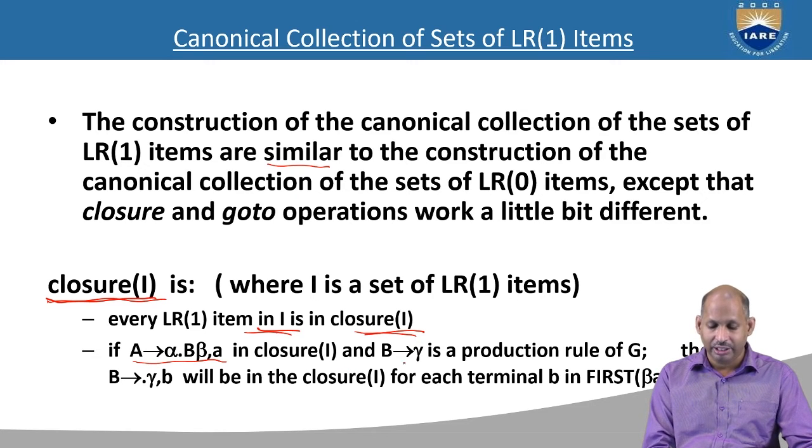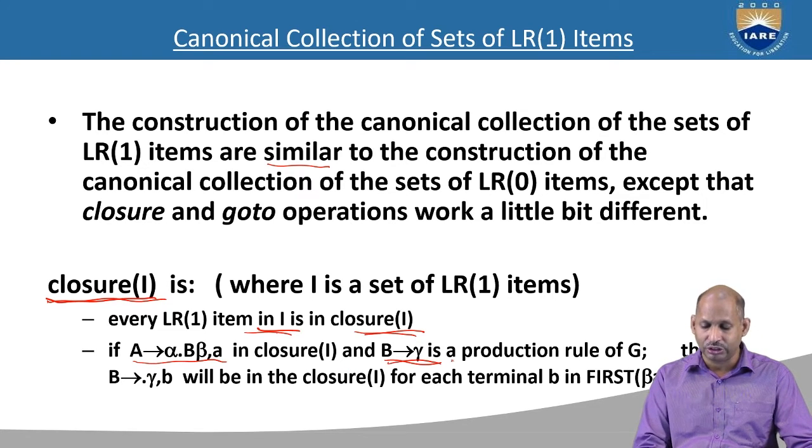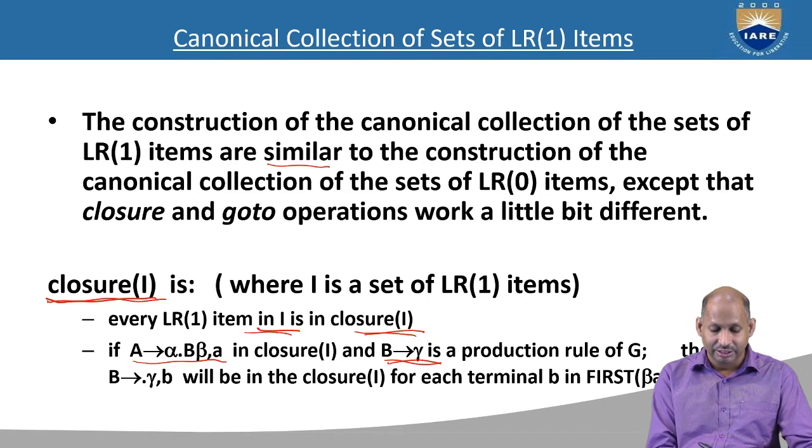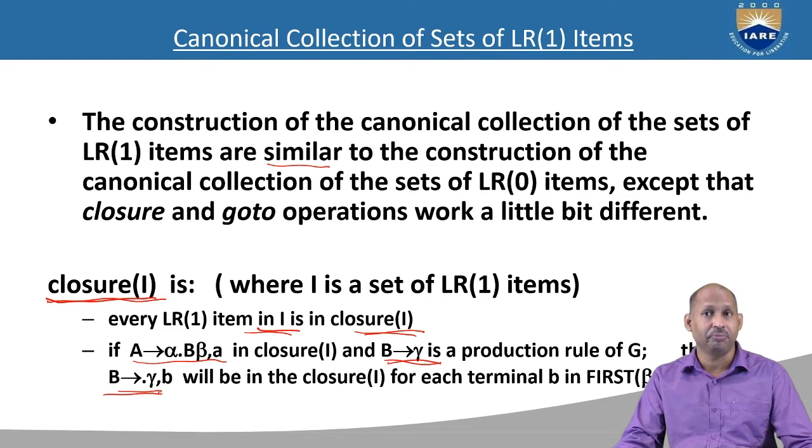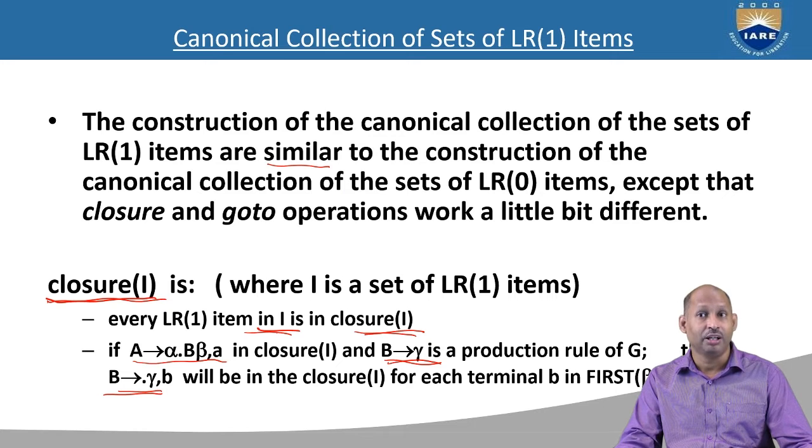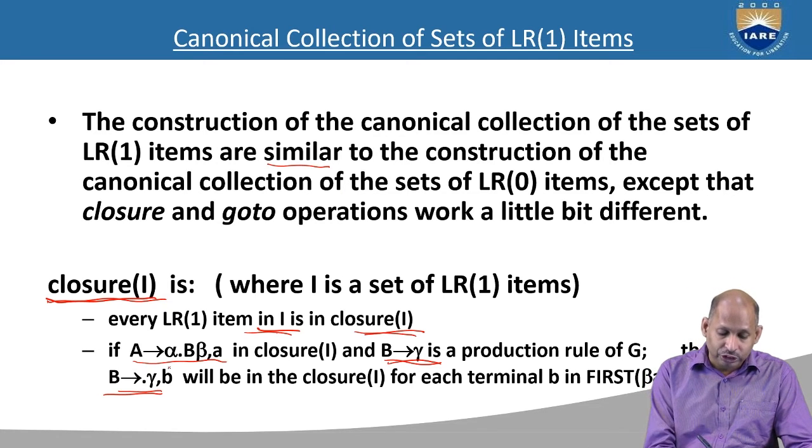If B gives gamma is a production rule of G, and A gives alpha dot B beta, comma a, is in the closure of I, then we add this production B gives dot gamma, followed by b. The question now arises: how to find this b?